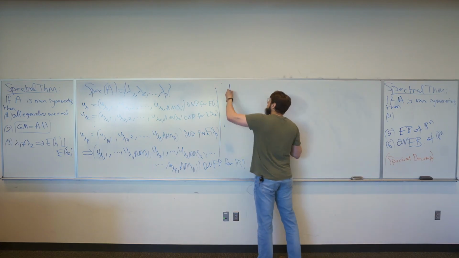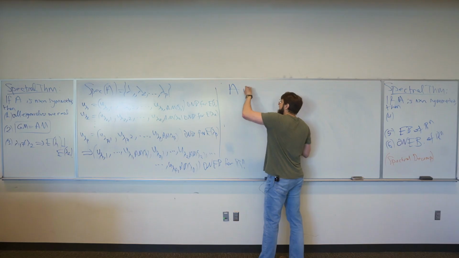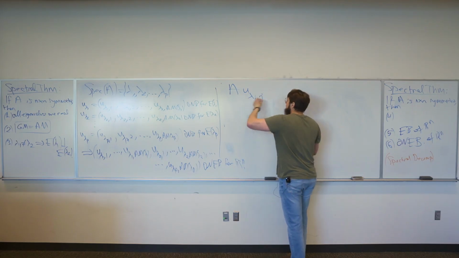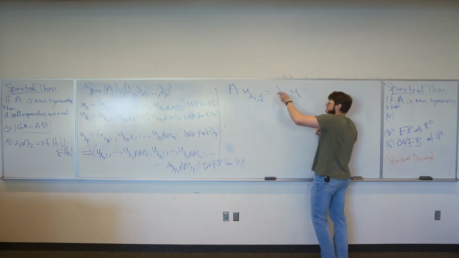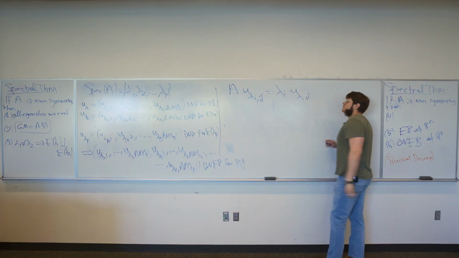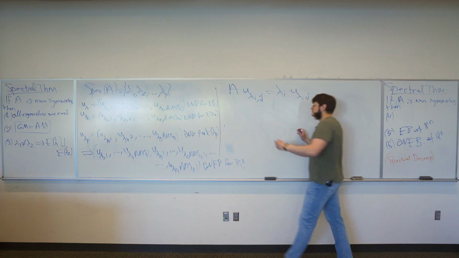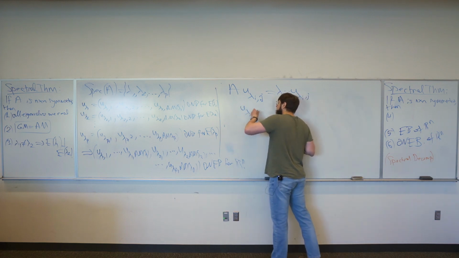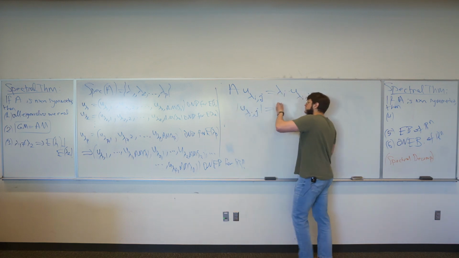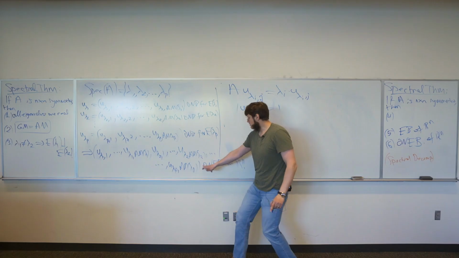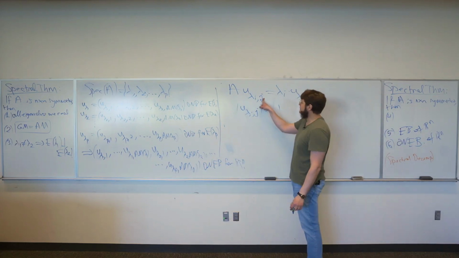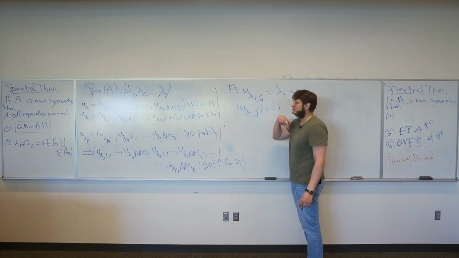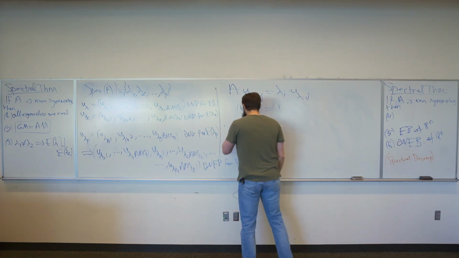And so here, applying A to u sub lambda i, comma j, is going to give me lambda i times this vector. Okay? They are normalized because I'm looking at orthonormal. And then if I were to take two distinct indices here, or two distinct eigenvalues, they're going to be orthogonal.